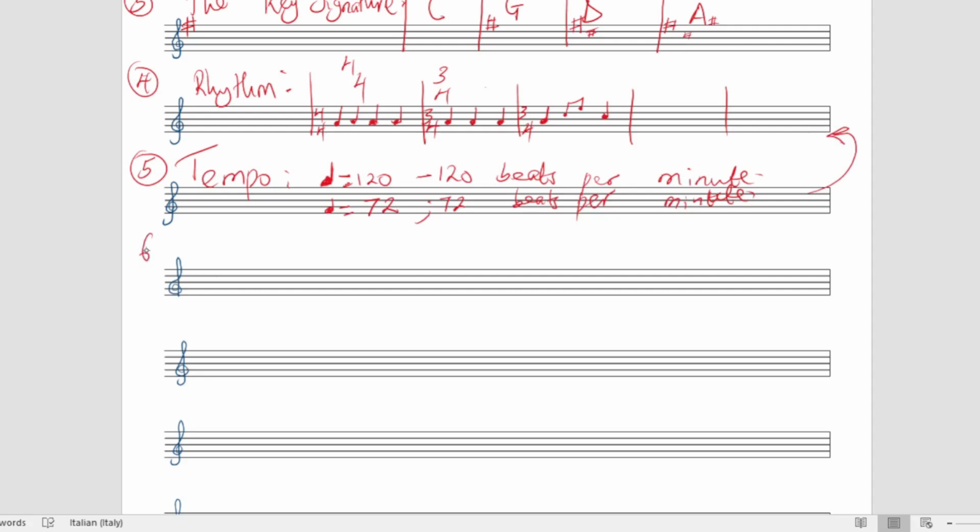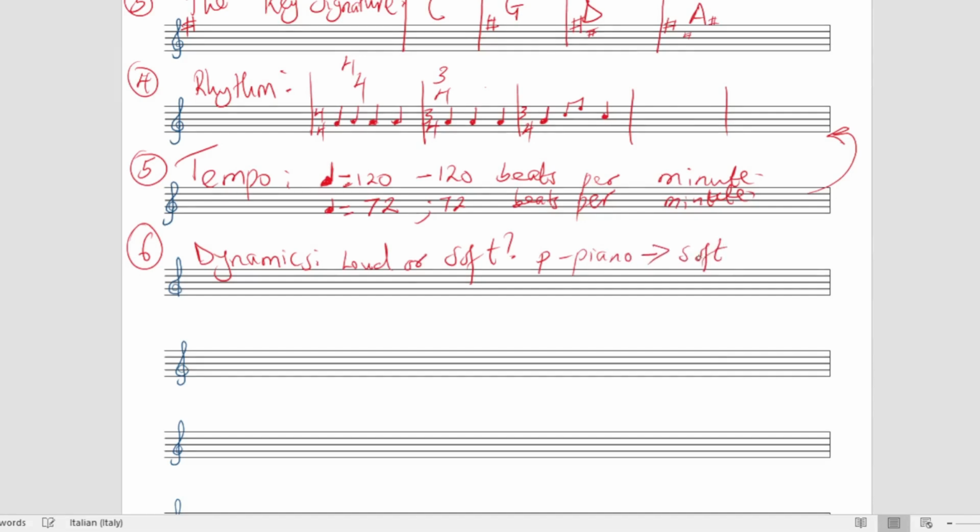The last point for this lesson, what to look for, are the dynamics. Dynamics determine how loud or how soft the music should be played. Loud or soft. They will be indicated by symbols. For example, a single P to mean piano, and its meaning is soft.